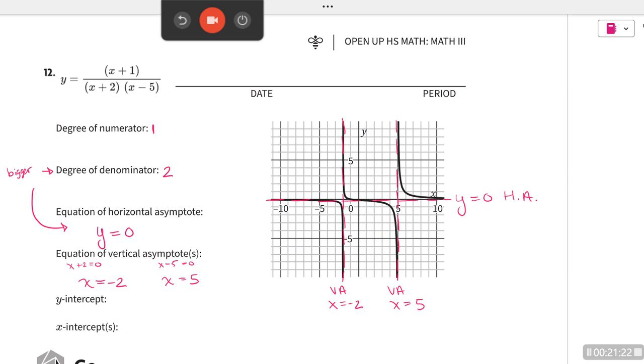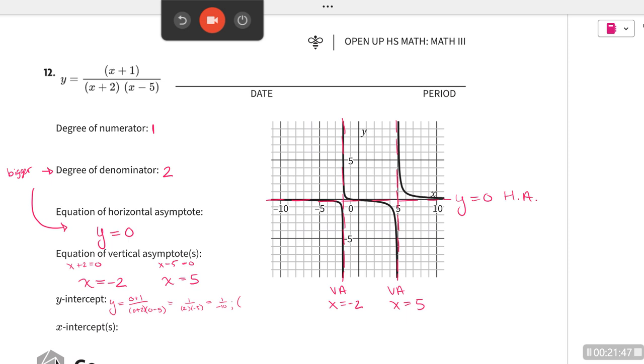Okay, my y-intercept. Remember, I'm going to set x equal to 0. So I'm going to say 0 plus 1 over 0 plus 2 times 0 minus 5. So that gives me 1 over 2 times negative 5, or 1 over negative 10.